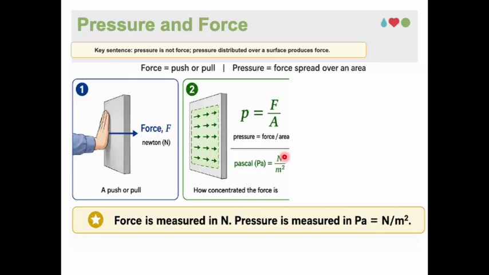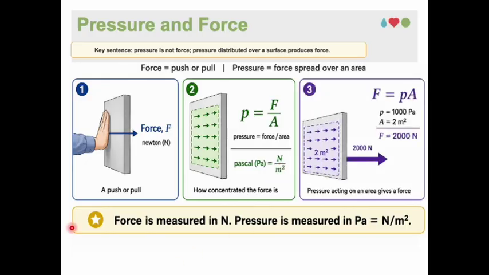The pressure is then the force perpendicular to a surface divided by the surface area, in Newton per square meter. Note that pressure is not itself a force. Pressure acting on an area produces a force.